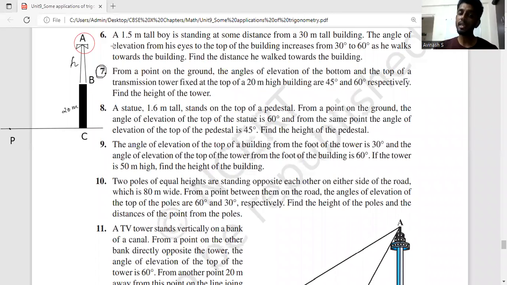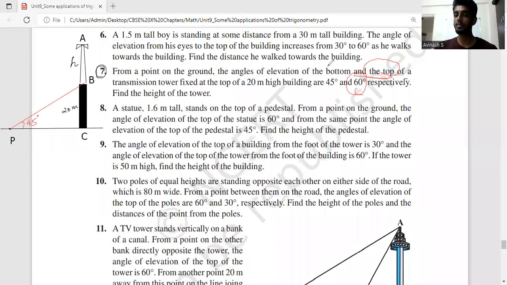Now, it has been very clearly given in the first line that the angle of elevation of bottom. So the first angle they are trying to talk about is the bottom, which is B. So that angle is 45 degrees. First, they have mentioned the bottom, that angle is 45 degrees. So let us try to mark it as 45. Now, the angle of elevation of top of the tower is 60 degrees, since it comes next, secondly.